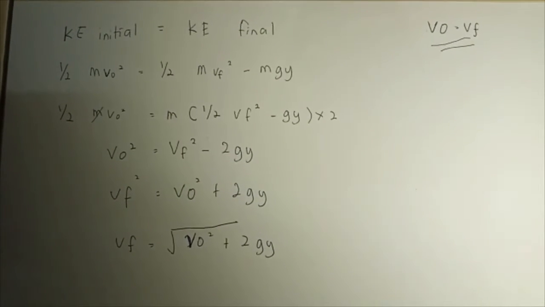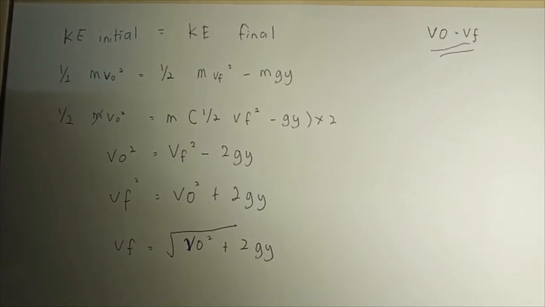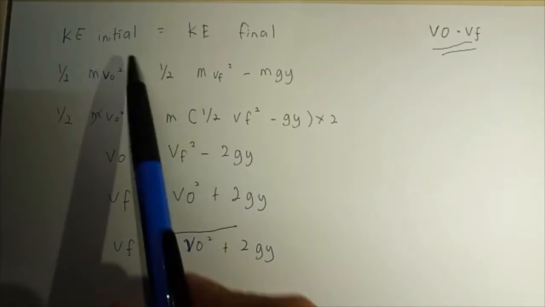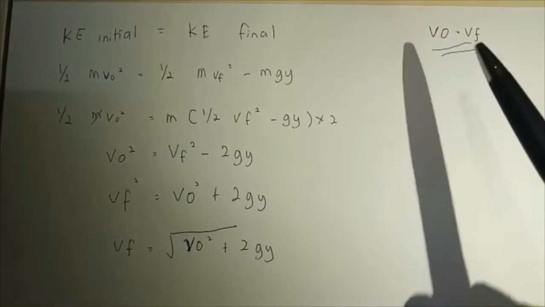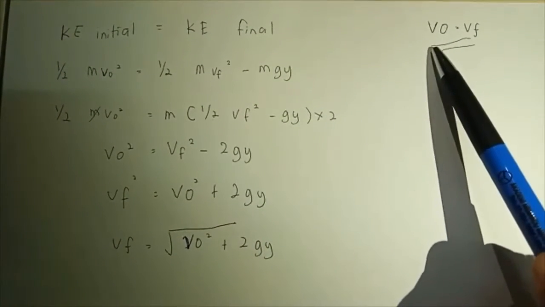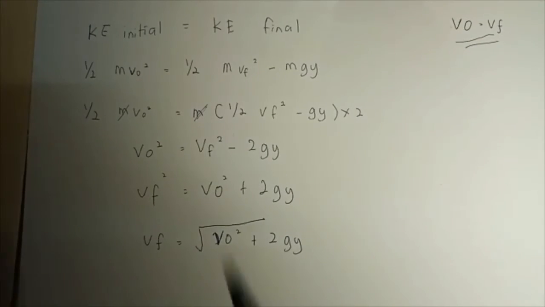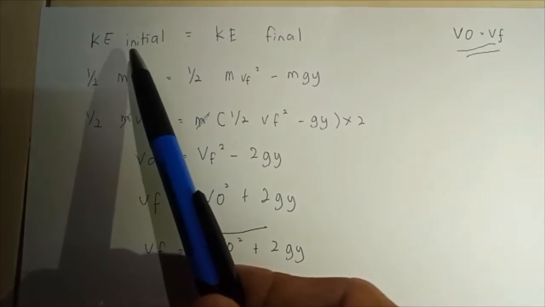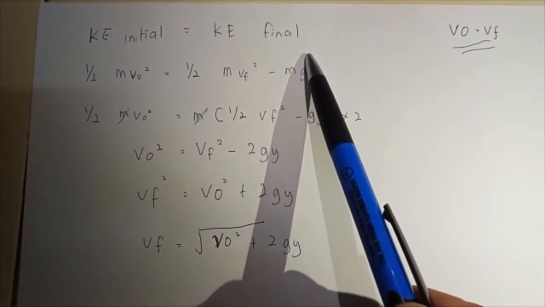From the figure in question 3, we know that the water leaves the faucet. Conservation of energy, which is kinetic energy and potential energy. We assume that velocity initial equals velocity final. So we derive kinetic energy initial equals kinetic energy final.